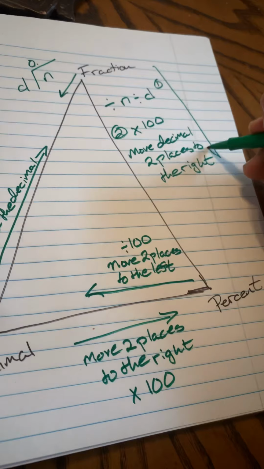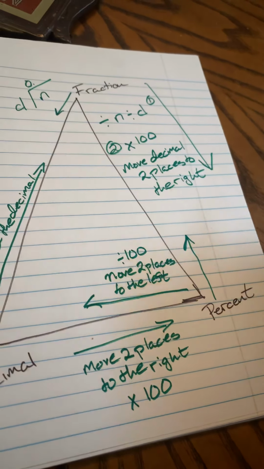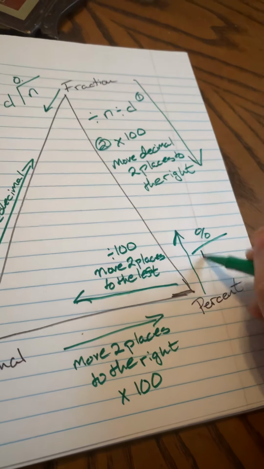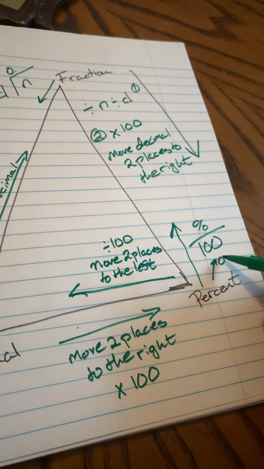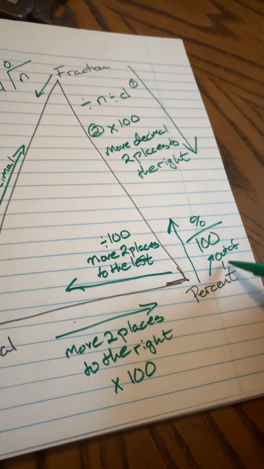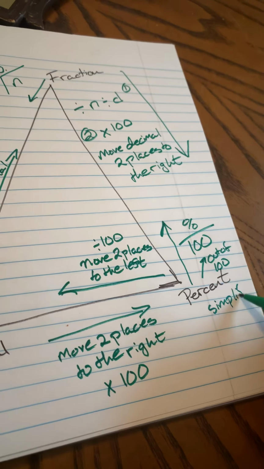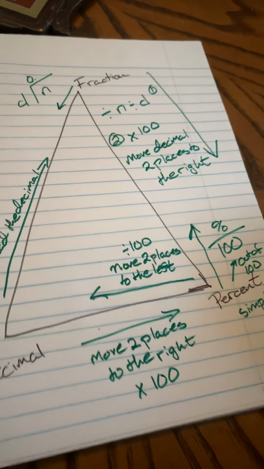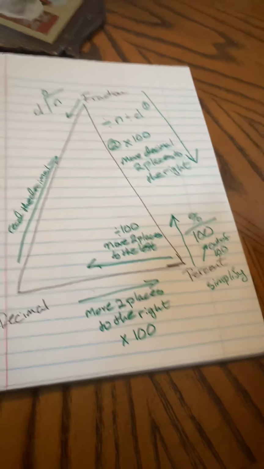That's if we're going from a fraction to a percent. If we're going percent to a fraction, we're just going to put the percent over 100, because that's what a percent means, out of 100, and then simplify. Okay?